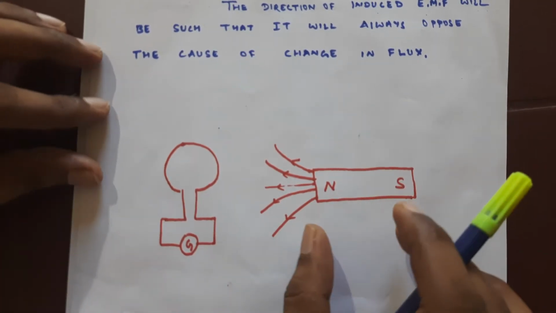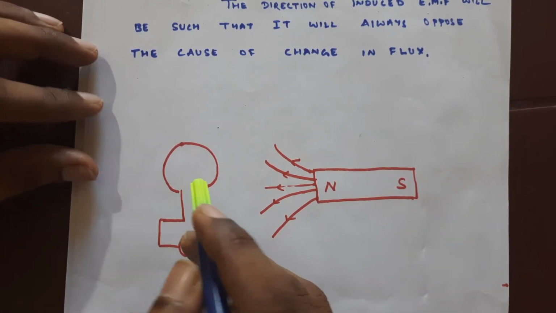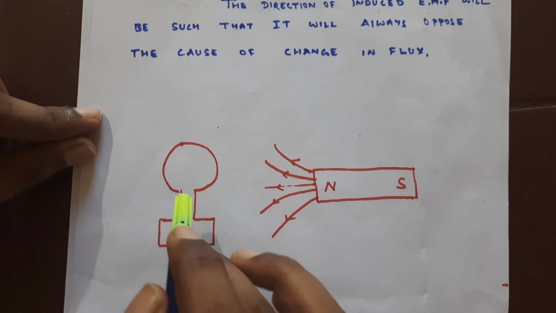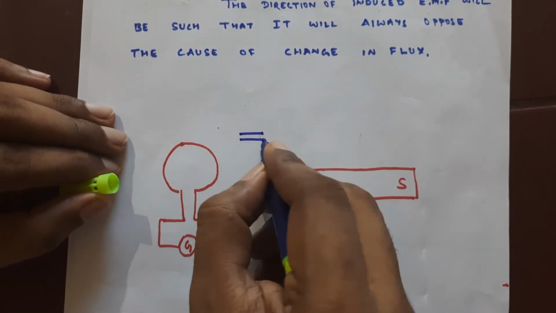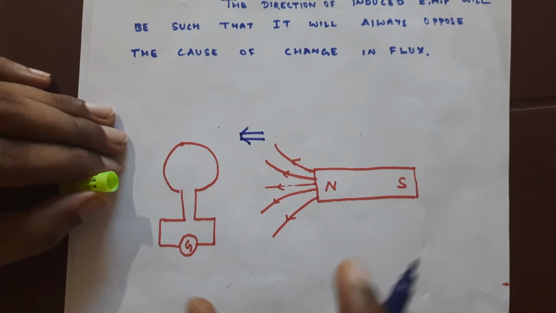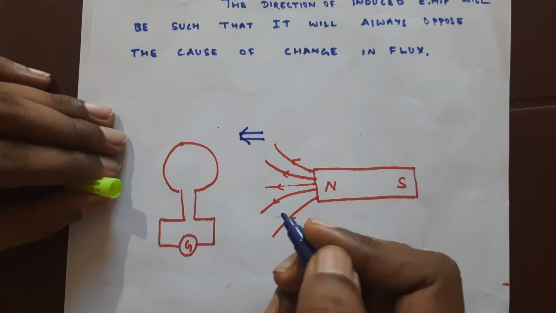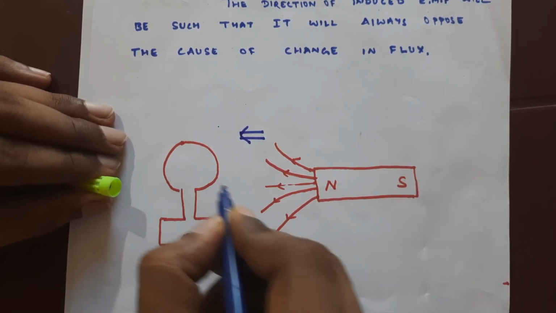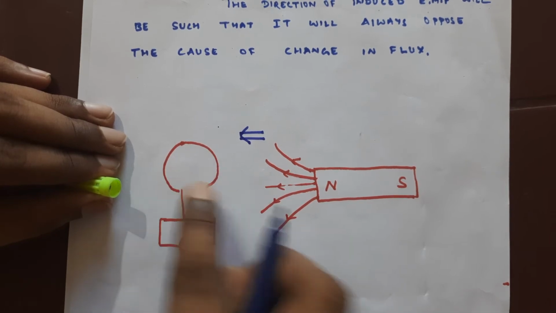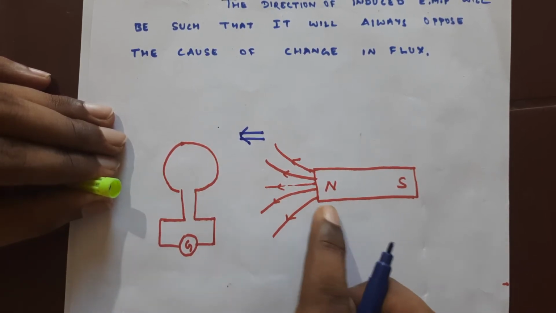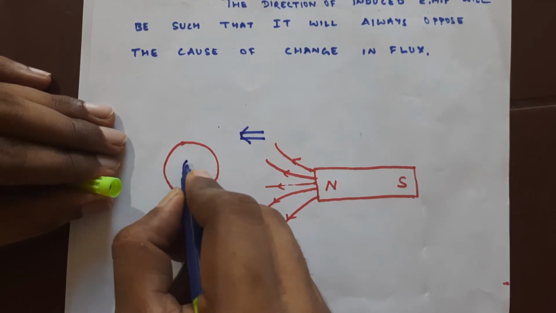If the magnet is brought closer to this coil, in which direction will the current move? Let us suppose I am bringing it from this side. In that case the current will be induced in such a way that the face in front of this north pole will create a north pole over here.